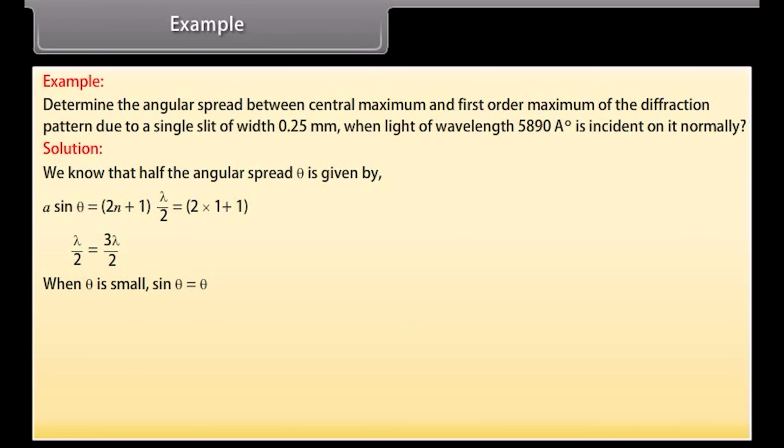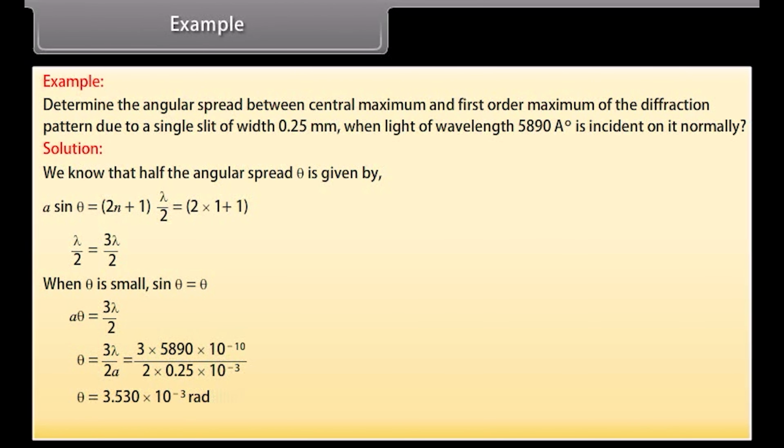It gives a theta = 3 lambda by 2. On putting the values, we get the value of theta = 3.530 multiplied by 10 raised to the power minus 3. Hence, the total angular spread is equal to 3.530 multiplied by 10 raised to the power minus 3 radians.